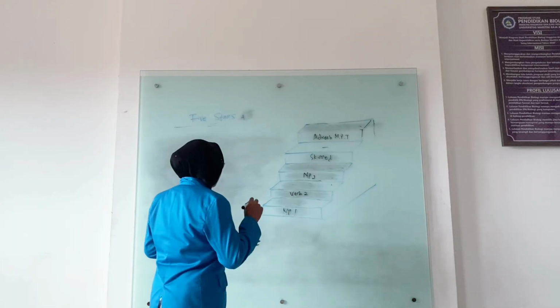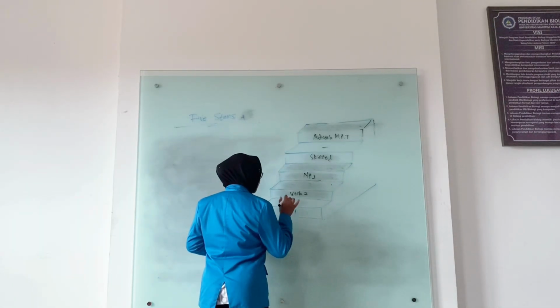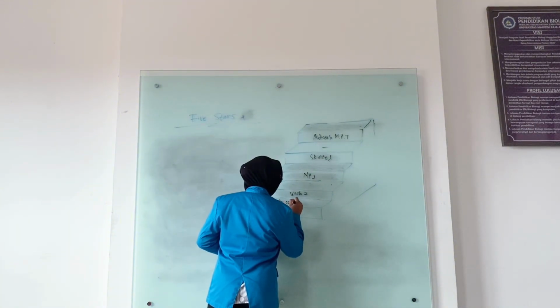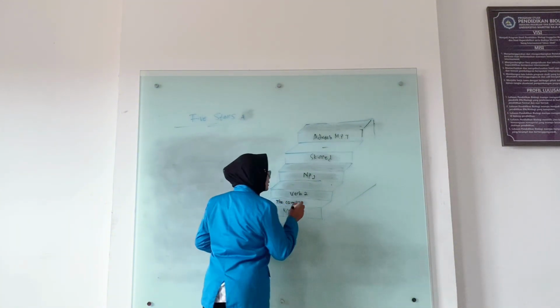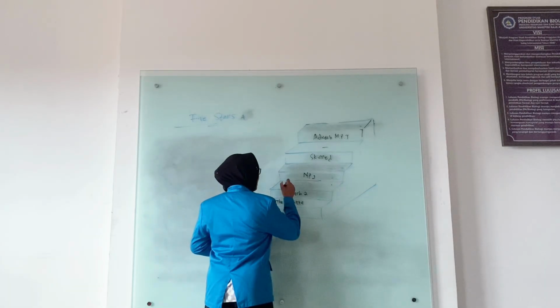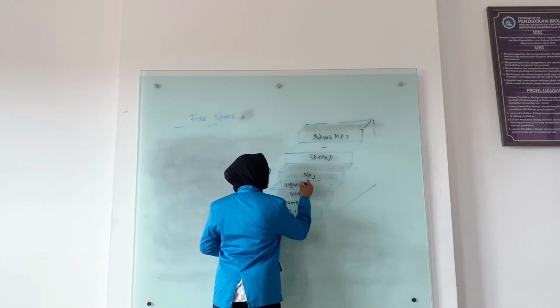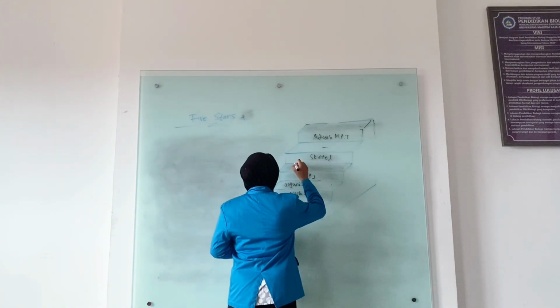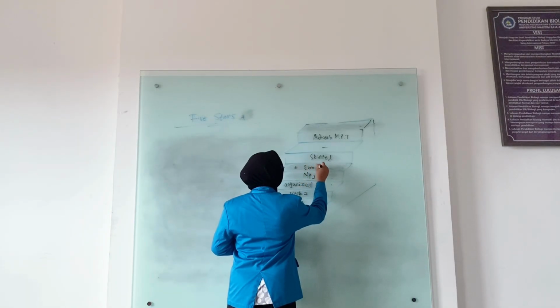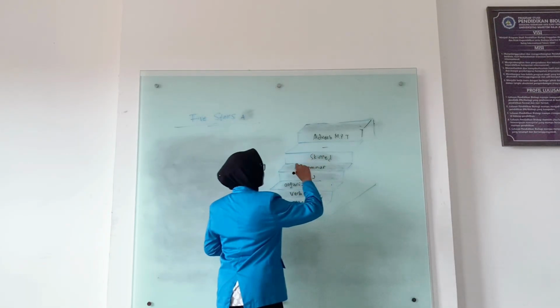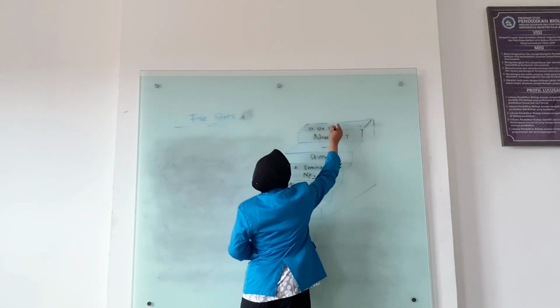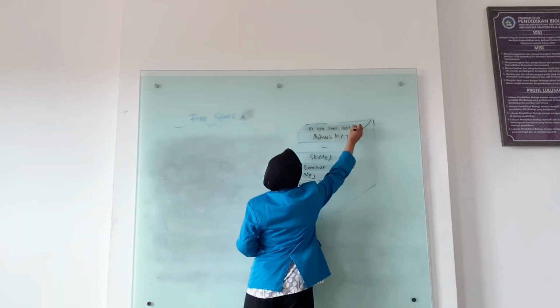So let's put it in the stages. In NP1, we put the committee, and then the verb 2 is organized, and then NP2 is a seminar, and the last is in the hall last week.